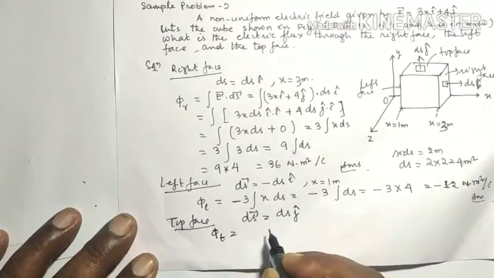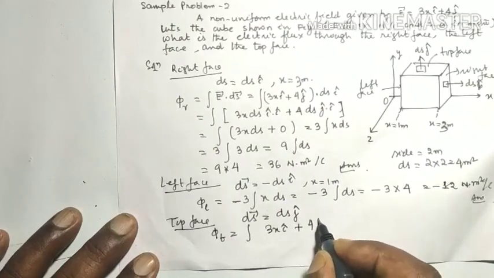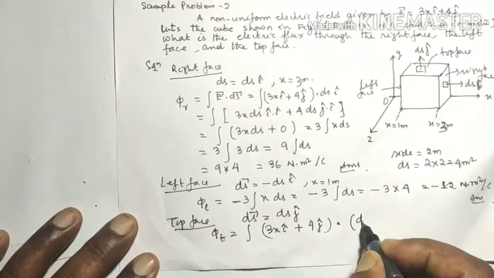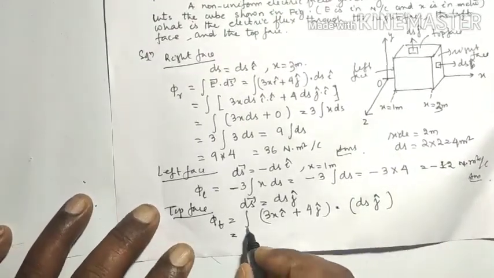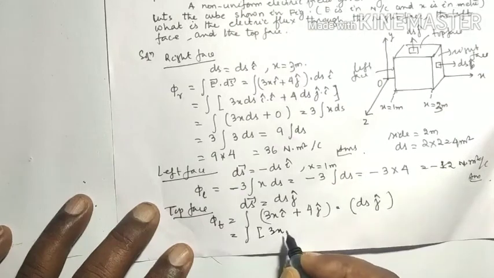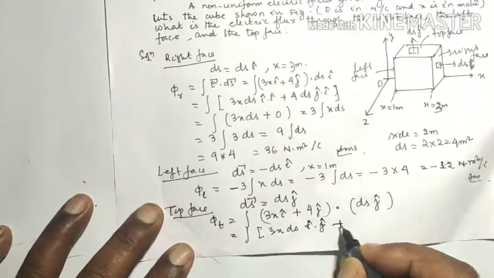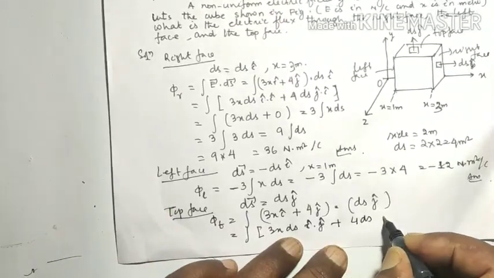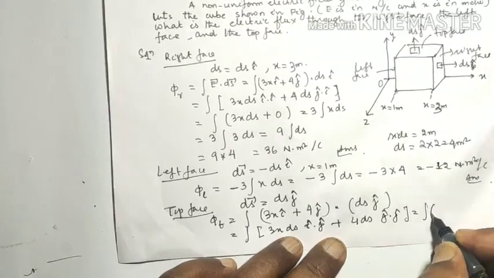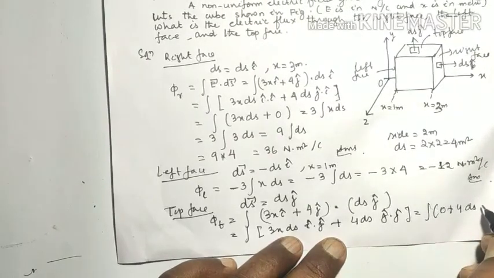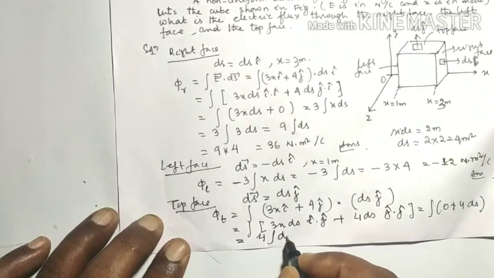So phi t equal to integral of 3x i cap plus 4 j cap dot ds j cap, and this is equal to integral of 3x ds i cap dot j cap plus 4 ds j cap dot j cap, and that is integral of 0 plus 4 ds, and this is equal to 4 integral of ds.